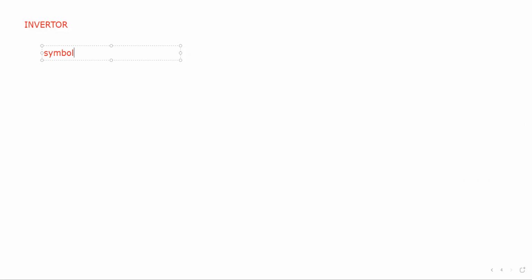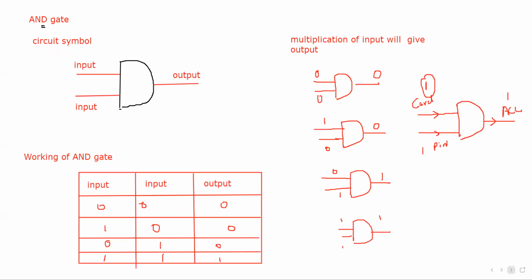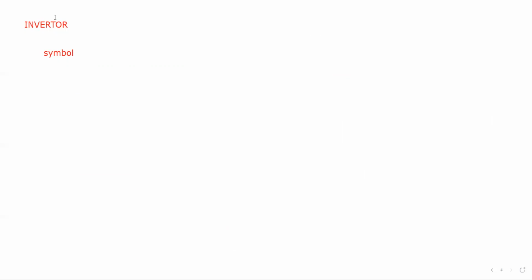So the circuit symbol for the inverter. Yes, this is also a gate. AND gate is there, OR gate is there, and the NOT gate, which is also called an inverter. The name of the gate is NOT gate, also known as inverter. This is the circuit symbol.